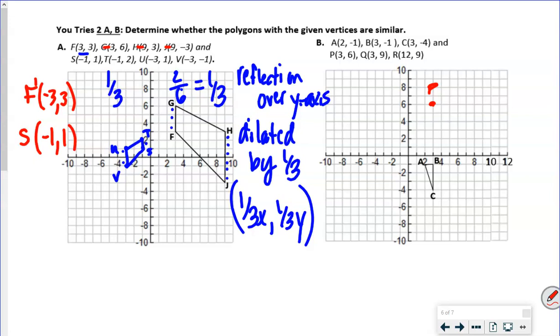Well, I definitely didn't put that in the right place, did I, y'all? 3, 9 is right there, and that's our Q. And then we're at 12, 9. So 12, 9's right there, and that's our R, okay?